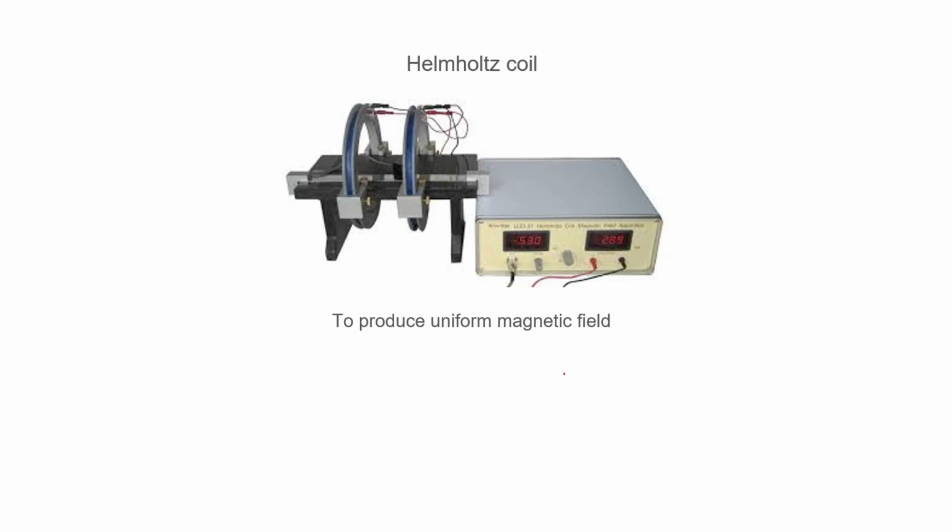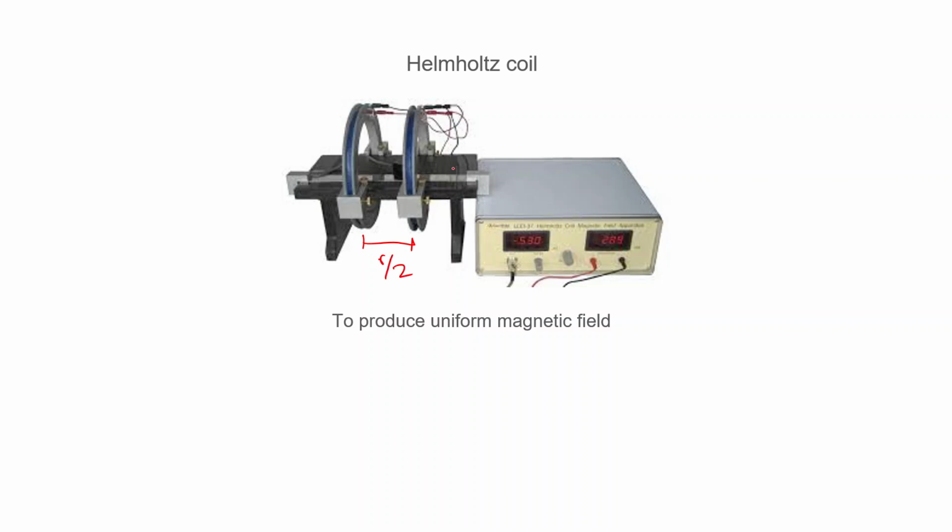So there is the Helmholtz coil, which looks like this. As we discussed the magnetic field variation for one particular coil, in the Helmholtz coil setup we have two coils, and the distance between them is half of the radius.